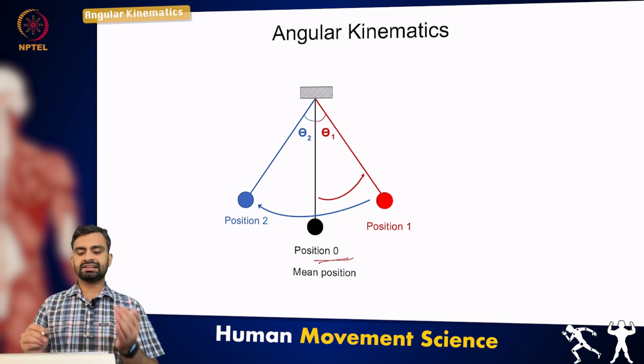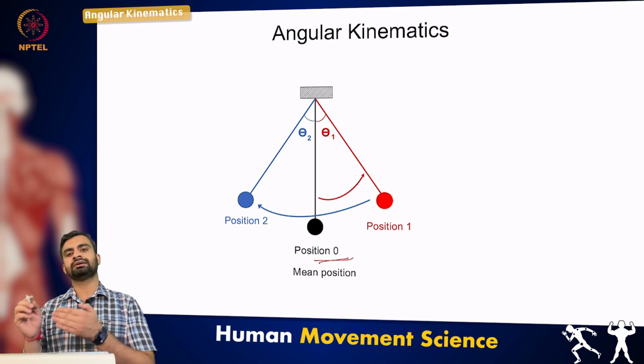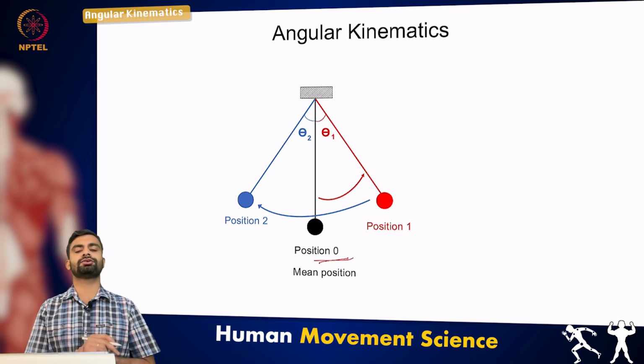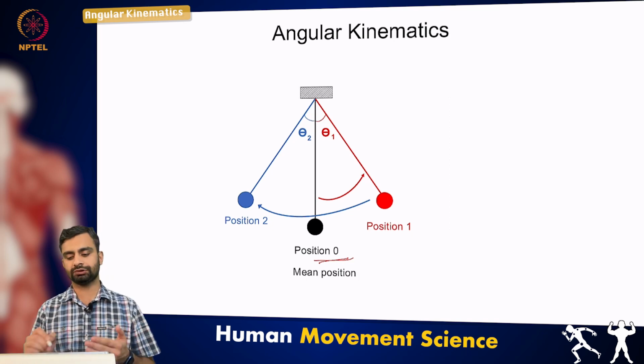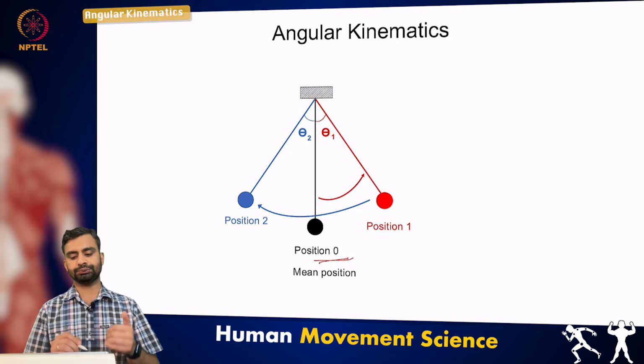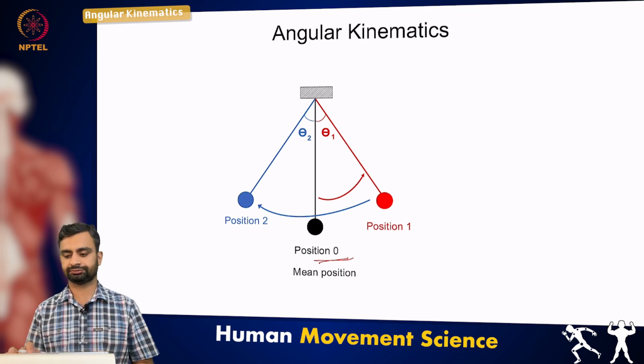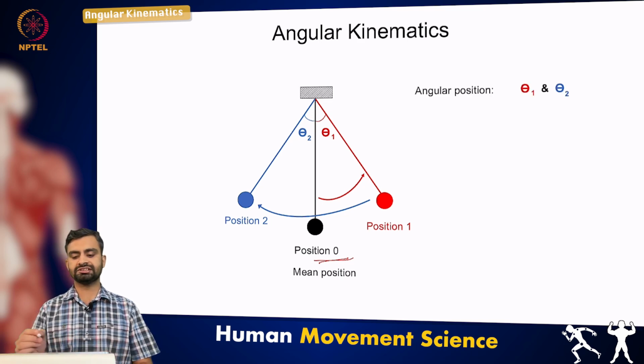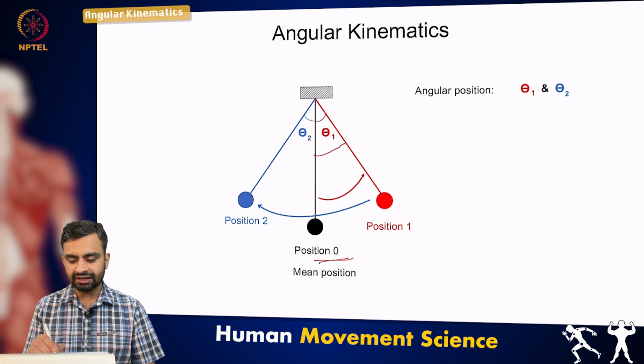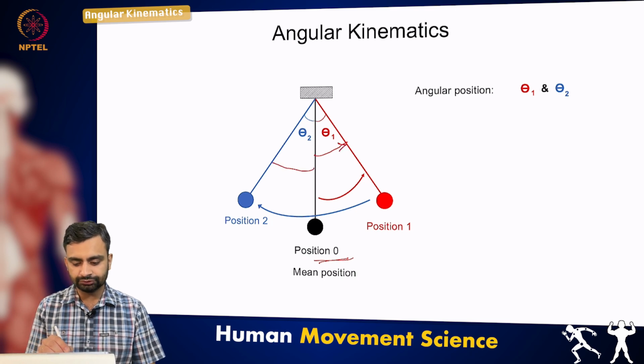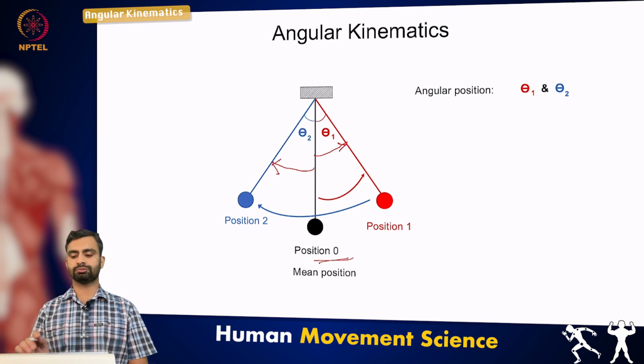So let's define the position, displacement and distance for these positions, from 0 to 1, and 1 to 2, or 0 to 2 itself. The angular positions will be θ1 and θ2 from the mean position.